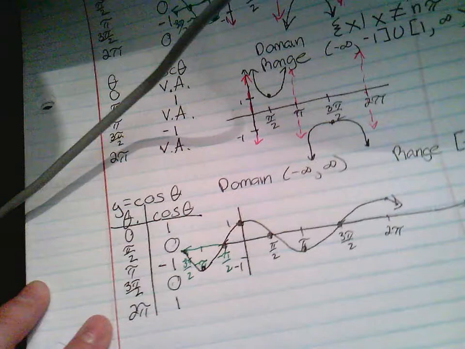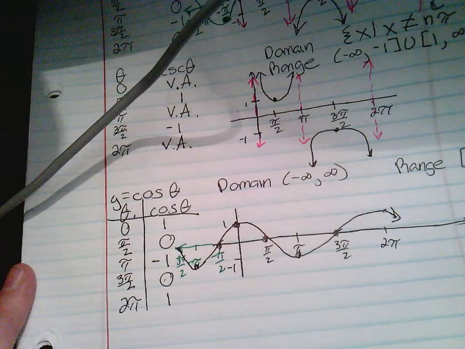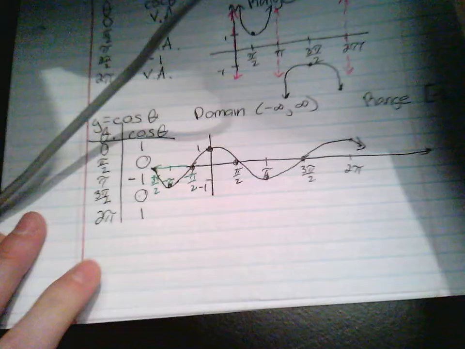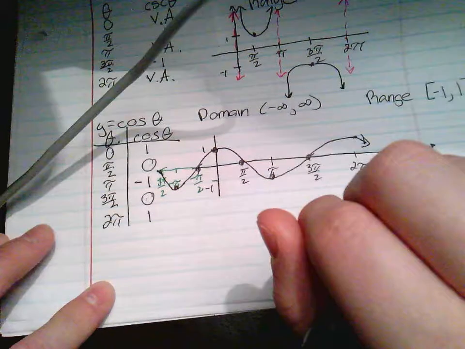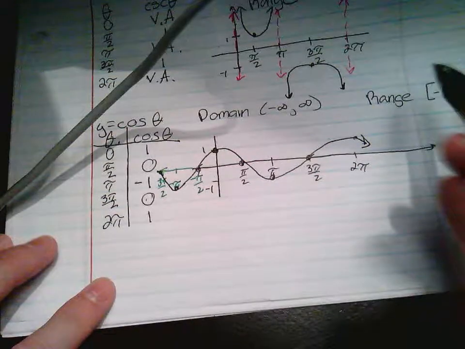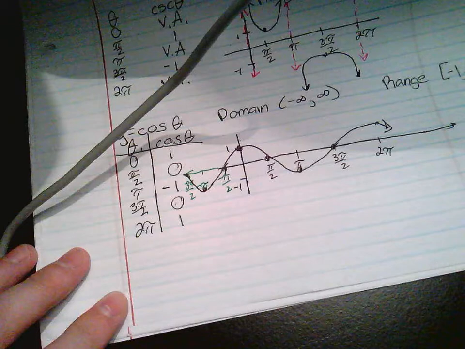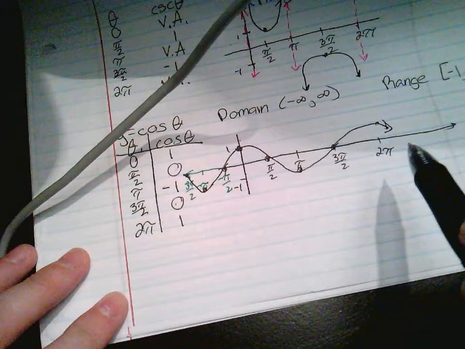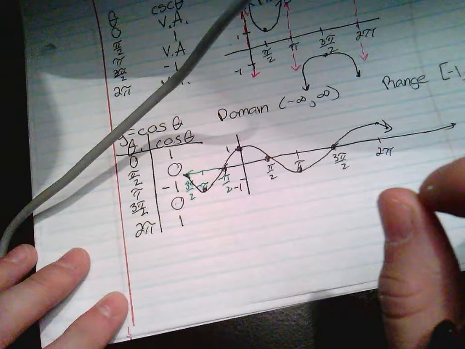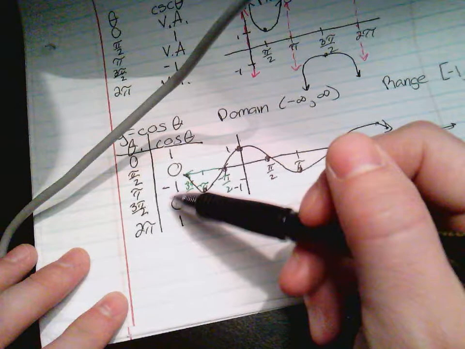Okay, now let's do its reciprocal function, which is secant. Okay, so secant is the same domain as cosecant. So never mind, it's not the same domain, but it's the same type of scenario. So where cosine is 0, secant is going to be a vertical asymptote.